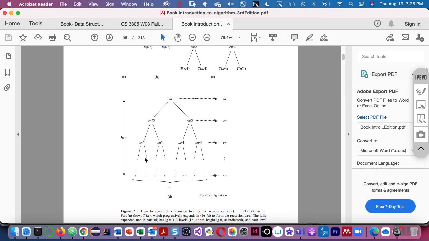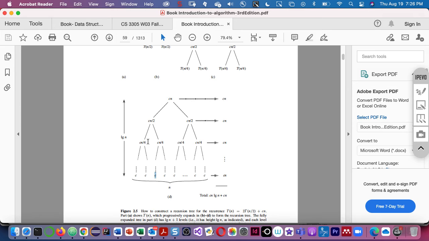In this way we are splitting into small units. Each of the small units will take a constant amount of time, c. And when we get a constant amount of time, how many such iterations do we have?